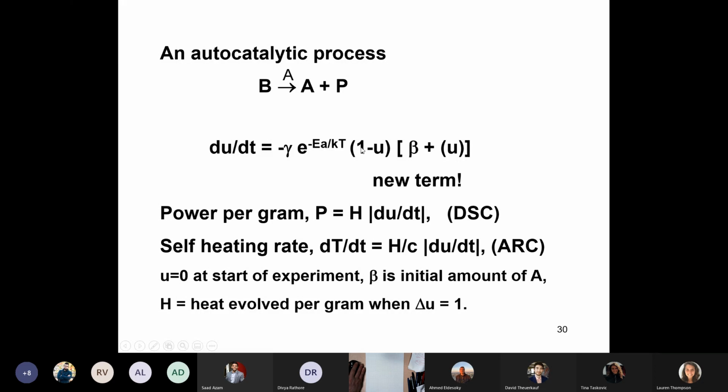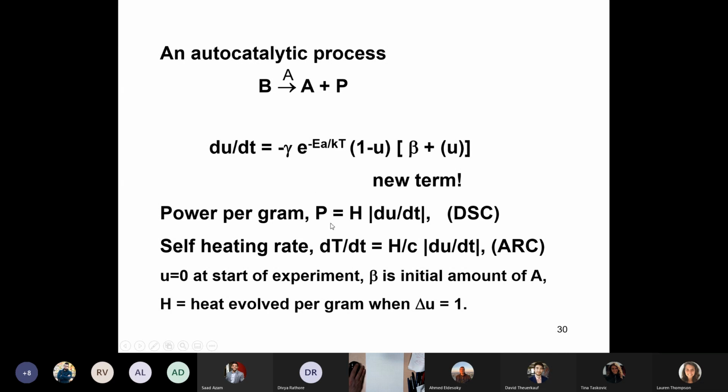And then you'll learn that this expression will create an accelerating rate calorimeter curve that looks a lot like an autocatalytic type of behavior. So we explored the presence of this term.